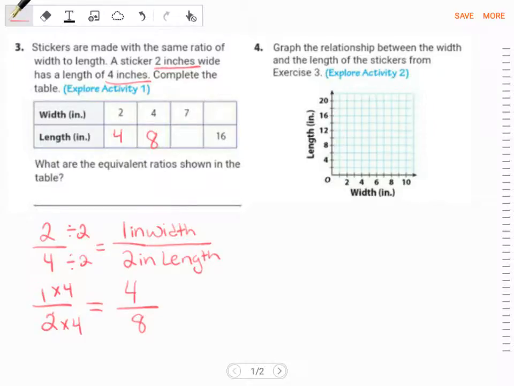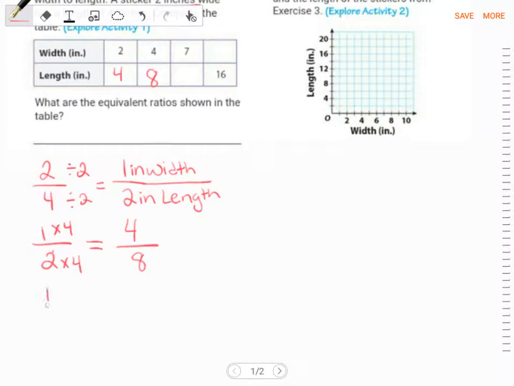Similarly, if I wanted to use this ratio 1/2 to tell you what the length would be if your width is 7, you got to think about what you multiply by 1 to get 7. Well, you multiplied by 7. If you multiply that on the top, you would have had to do it on the bottom, and you would have got 14 down here. So you would have got 14 for that blank.